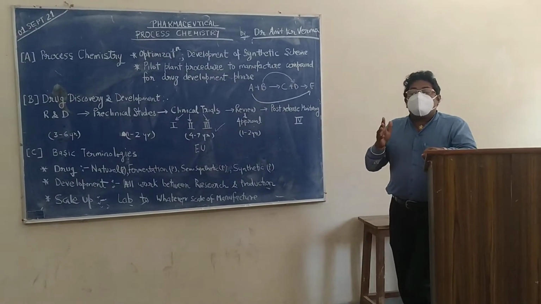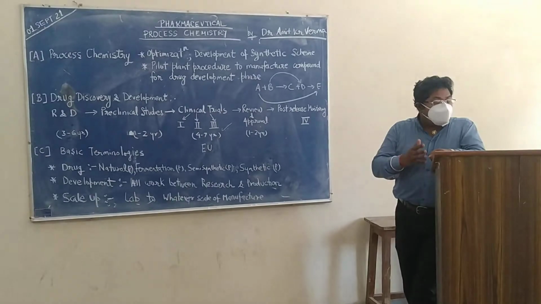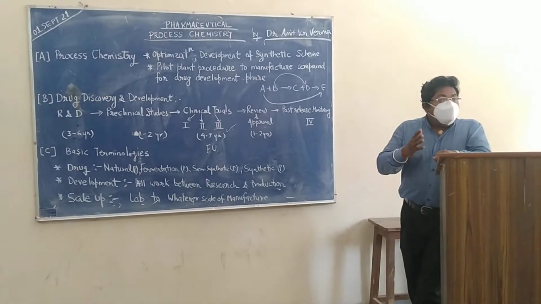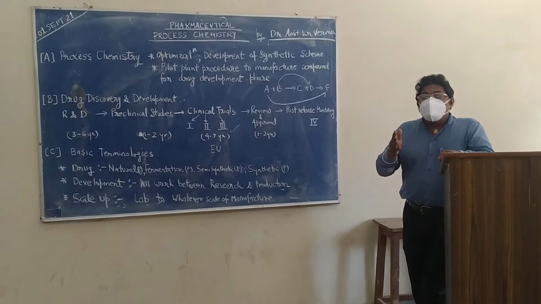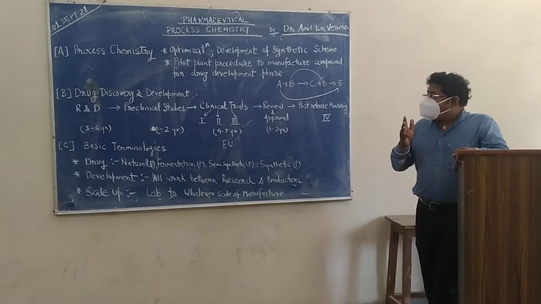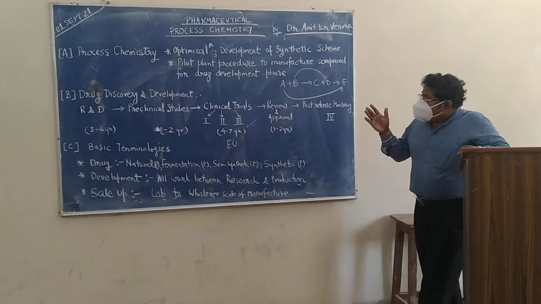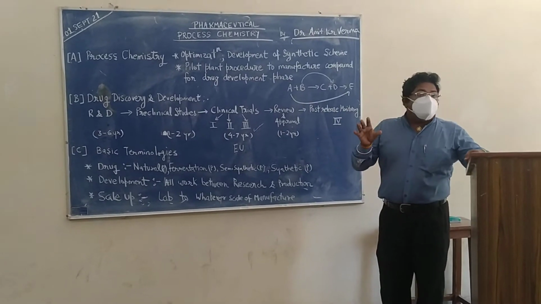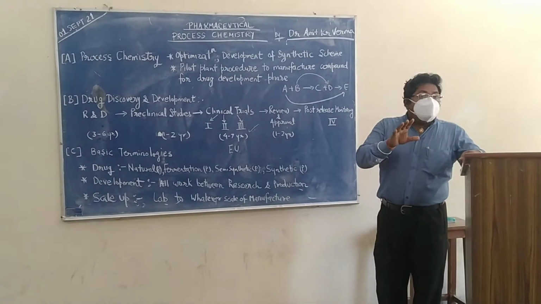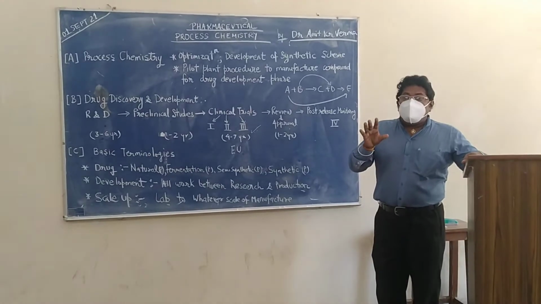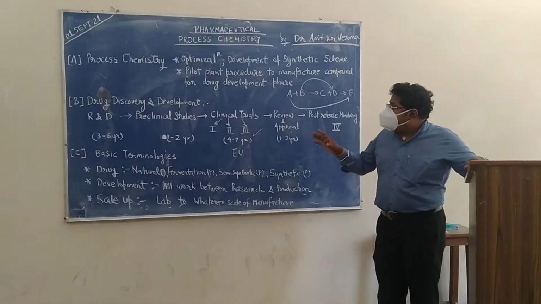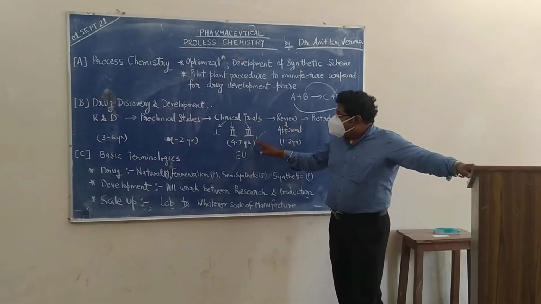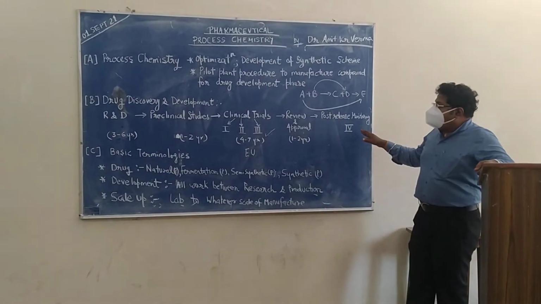Clinical trials are the trials conducted in humans for the safety and efficacy of the newly discovered drug or molecule. These clinical trials, which take 4 to 7 years, are divided into 3 phases. Actually, there are 4 clinical trial phases, but here we have phases 1 to 3 first, and then the 4th phase.